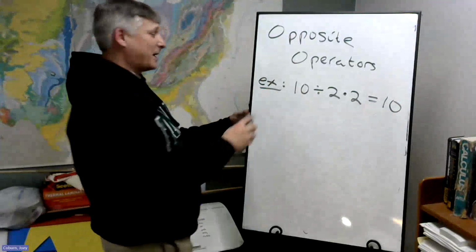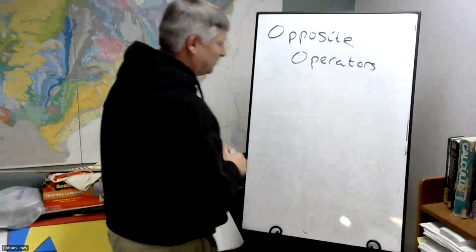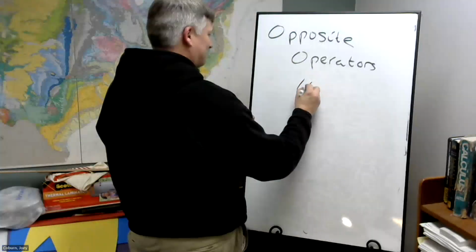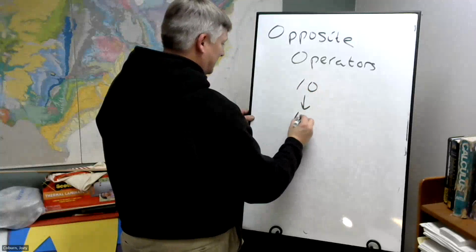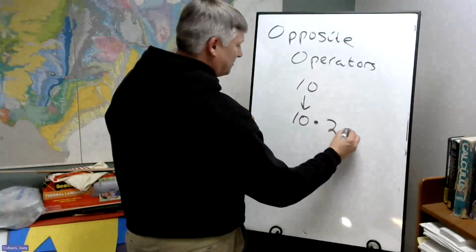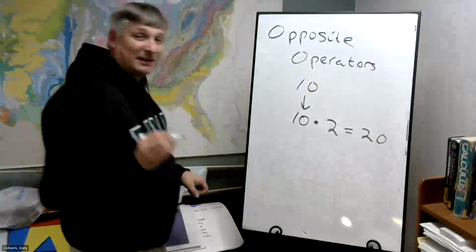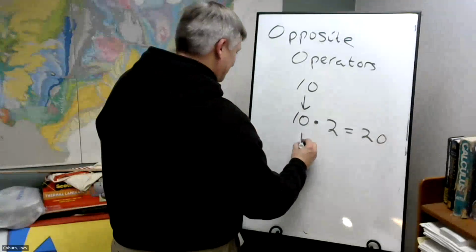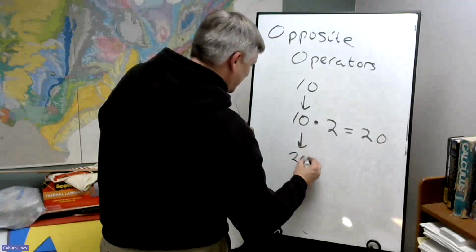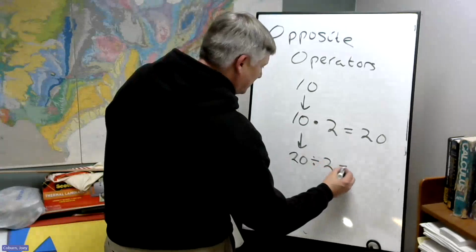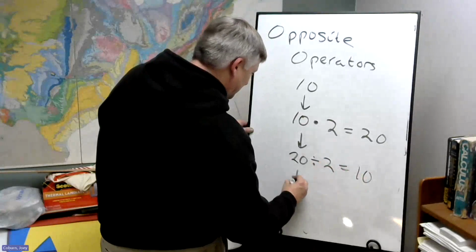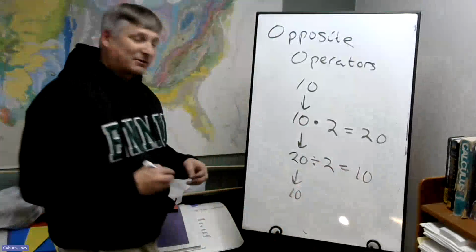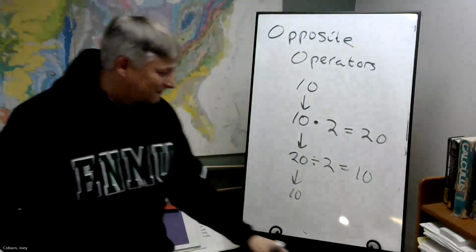Now let's consider the other direction. Suppose we have 10, and then we multiply by 2 to get 20. Then we take that 20 and we divide by 2 to get 10, and sure enough, we're back to where we started.